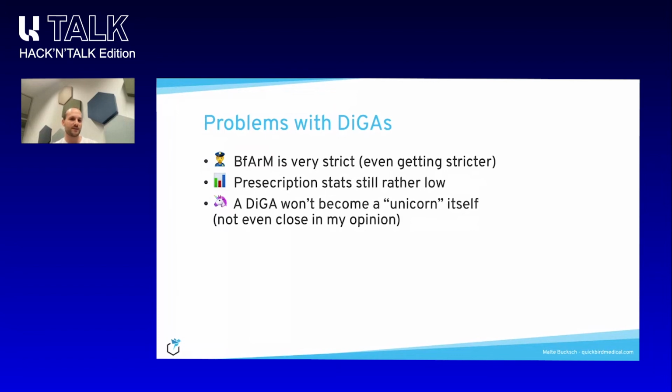My best guess is that more small or medium-sized businesses will be created from this, and a few of those might then go to different financing models or different countries and then become bigger. So the DiGA concept might be a good starting point, but if you want to go big, you should check out other financing or reimbursement models as well.